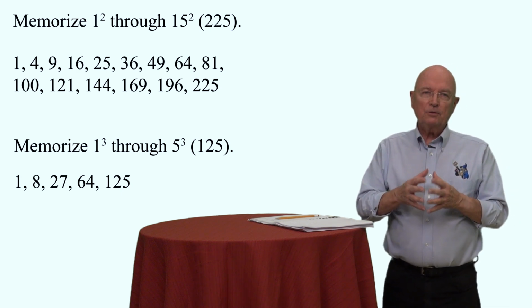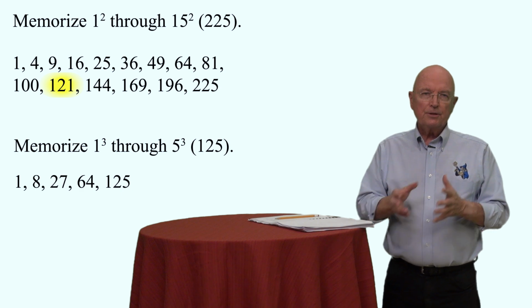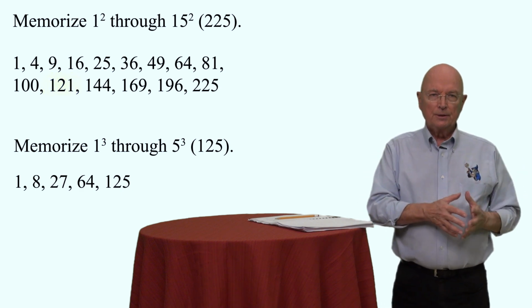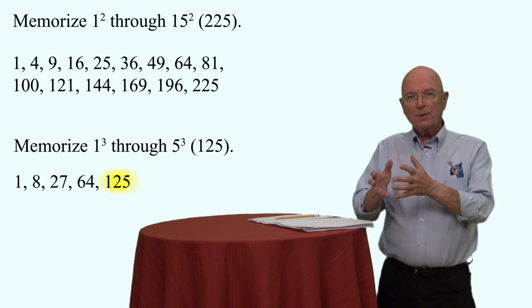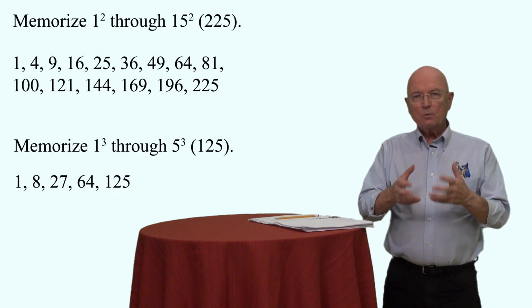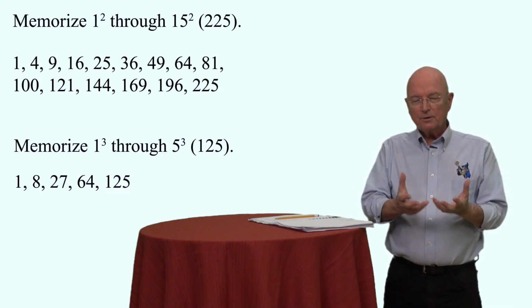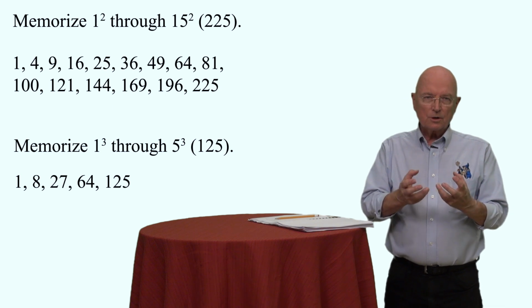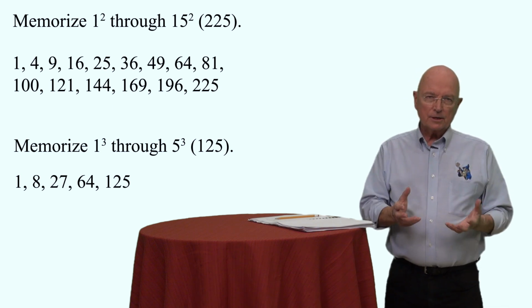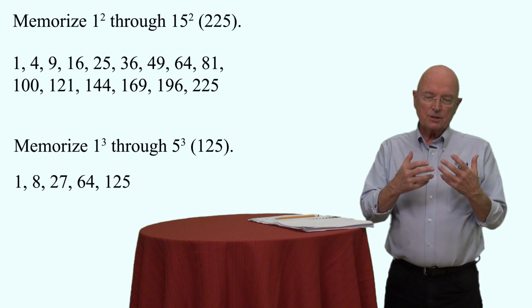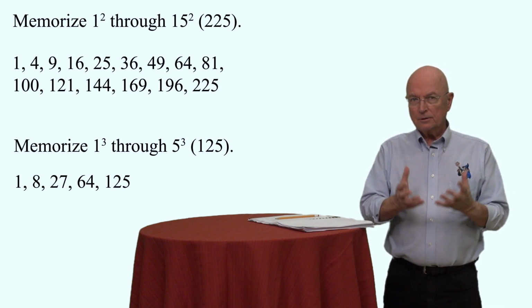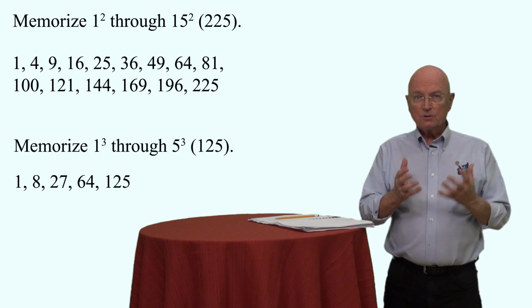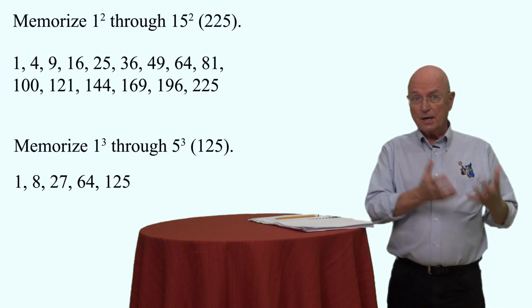So for example, if you see 121 on the test, they're talking about 11 squared. If you see 125 on the test, they're talking about 5 cubed. They don't pick random numbers. More frequently than not, they pick numbers that work so that you don't have to use your calculator, because they're not interested in seeing if you're a calculator expert. They want to know if you can conquer and if you've mastered these math concepts that show up on the test.